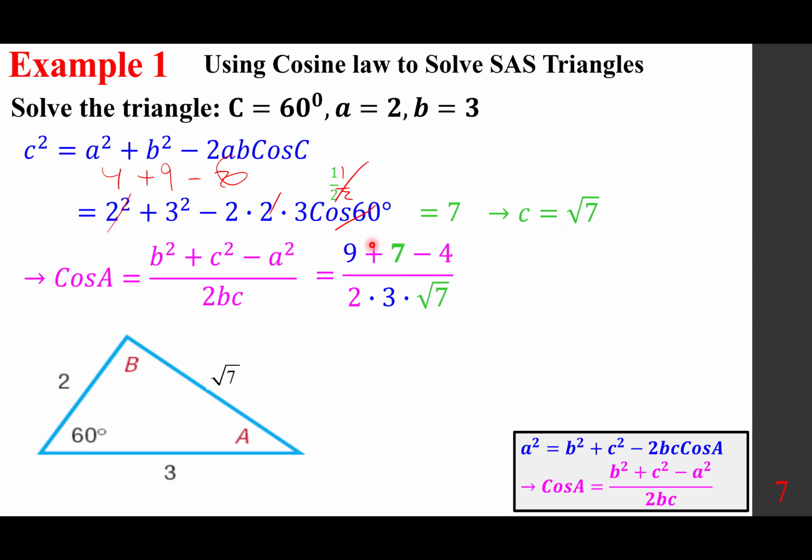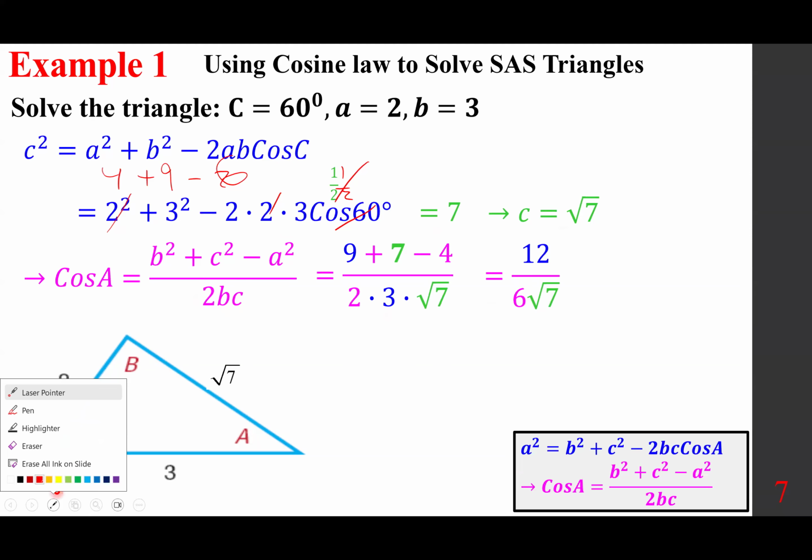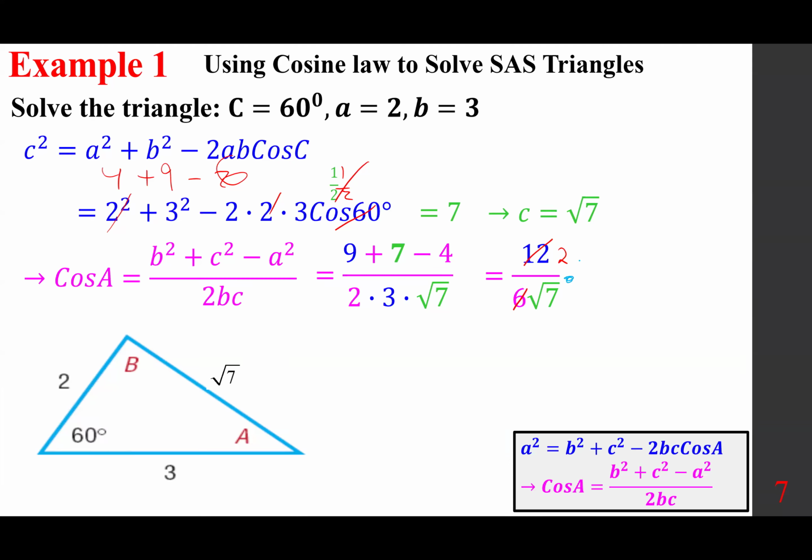Obviously, the top, 9 plus 7 minus 4 is 12, and the bottom is 6 square root of 7. We get 2 over square root of 7. We rationalize, and we get 2 square root of 7 over 7. Very straightforward, everybody.